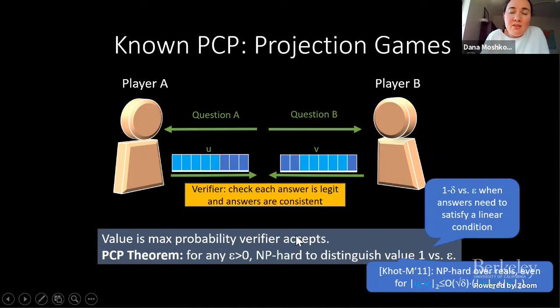Now in all those PCP theorems that we're able to prove, the player knows that the intersection where it's going to be asked is in a subspace that is parallel to the axis, right? It's on coordinates. So this player A has all those coordinates it needs to give.